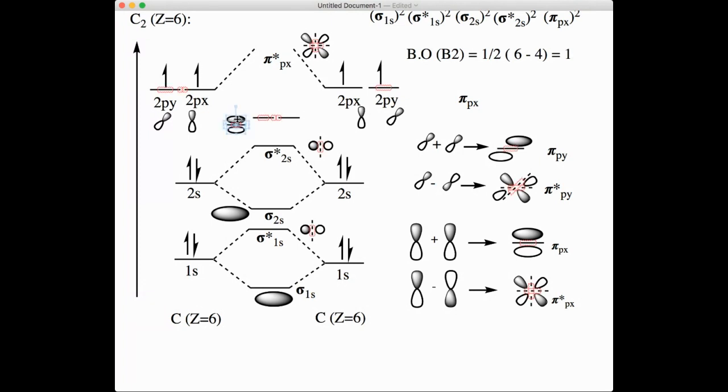Okay, so in phase combination of the PX, so the pi PX. An in phase combination of the PY, the pi PY, okay? So pi PX here, and then pi PY here.